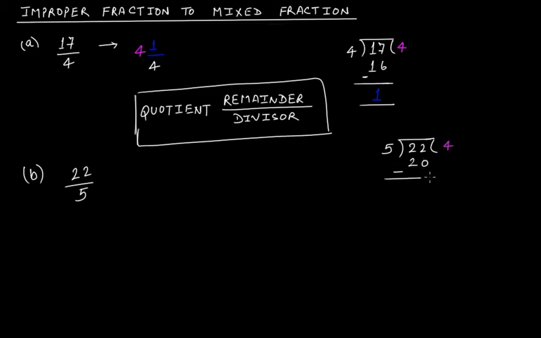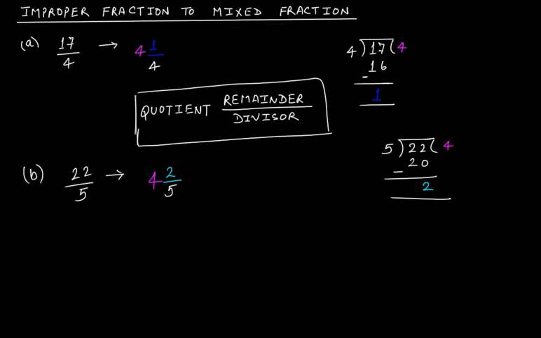If you subtract it, you'll get 2. Okay. So what would be the mixed fraction of this improper fraction? This is a quotient 4, so 4. This is remainder 2, so 2, and then this is divisor 5, this is 5.